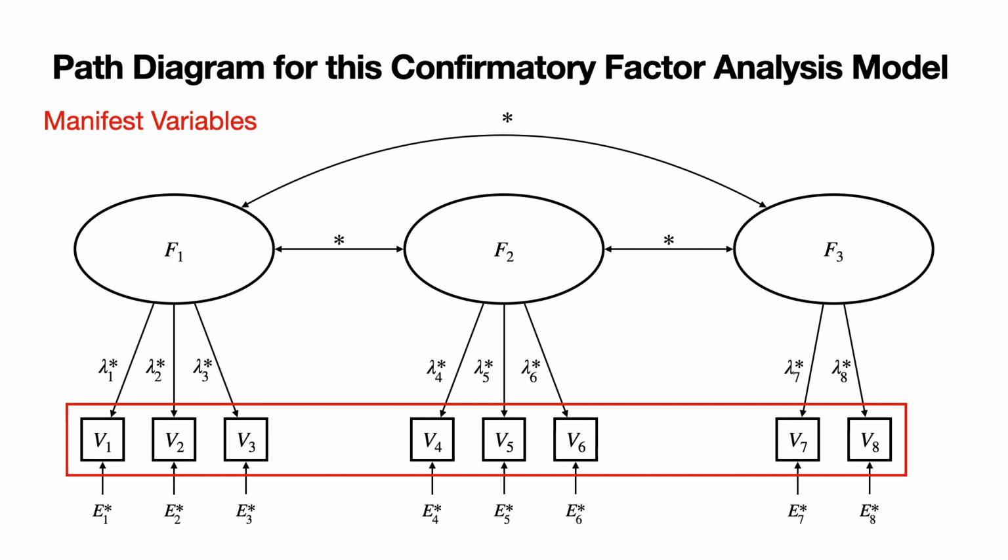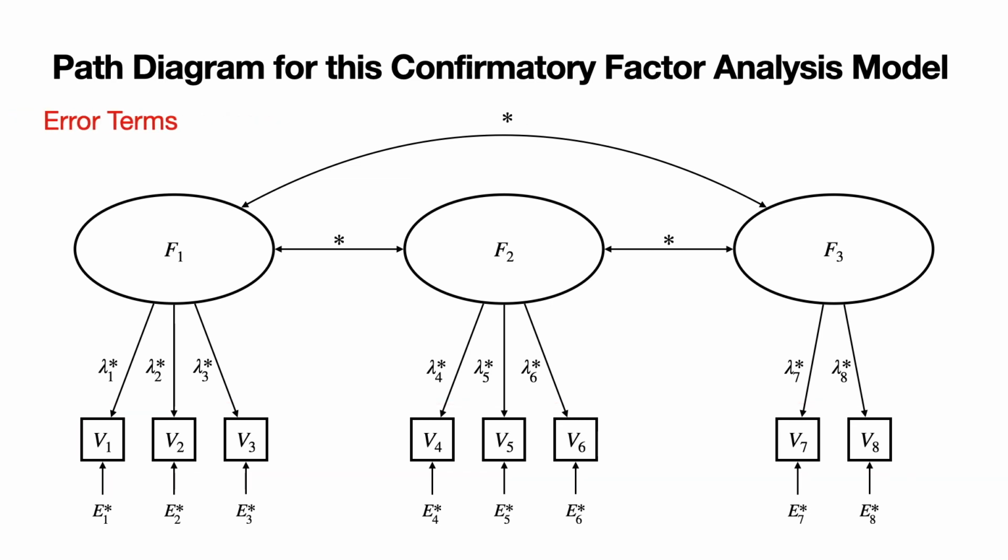And so what this would allow is for F1 to indirectly impact the other manifest variables, V4 through V8, by its correlative relationship with F2 and F3. And likewise, we can see that F2 could impact the other variables, V1 through V3 and V7 through V8, by its correlative impact on F1 and F3 respectively, and so on.